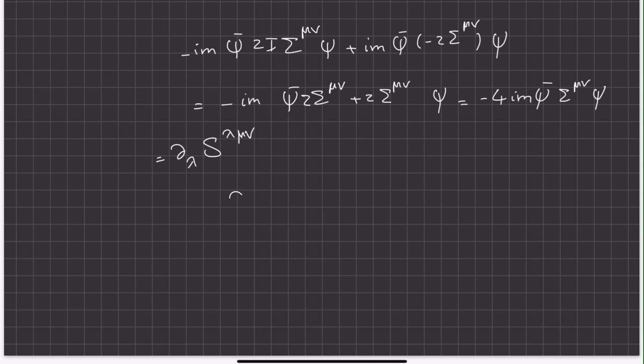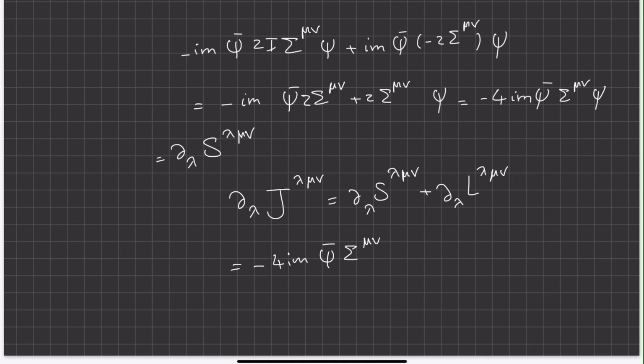So now the derivative of the total angular momentum, J lambda mu nu, is equal to the derivative of the spin current plus the derivative of the angular momentum current. This is equal to minus 4im plus 4im psi bar sigma mu nu psi, which is equal to 0.